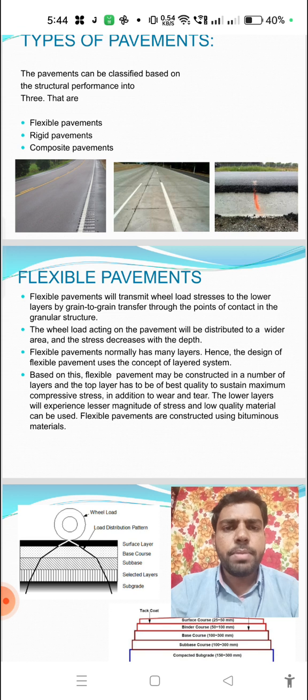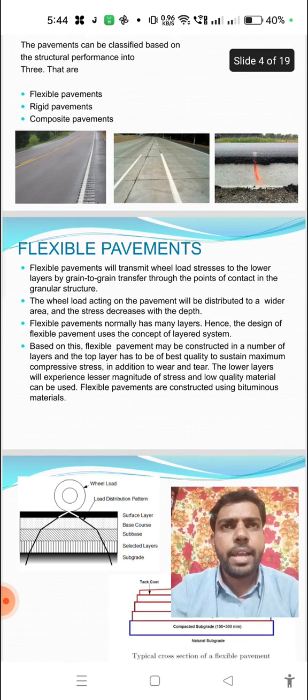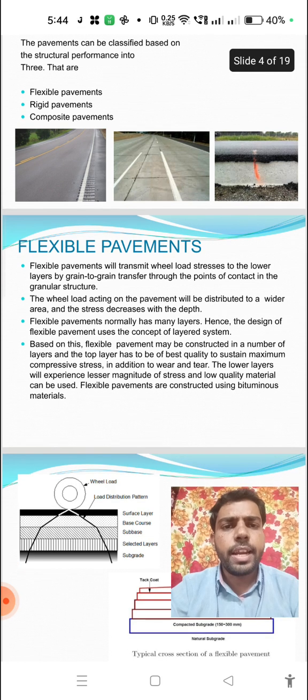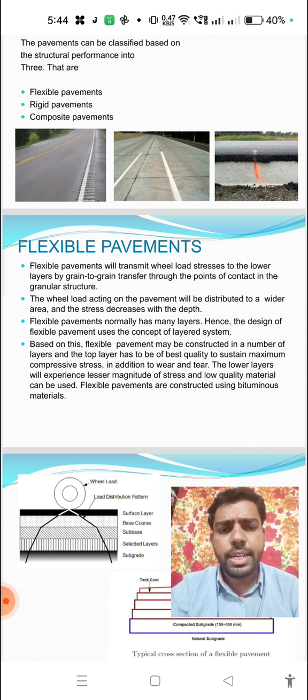Flexible pavements transmit the wheel load stresses to the lower layers by grain to grain transfer through the points of contact in the granular structure. Why? Because this flexible structure consists of 4 to 5 layers.